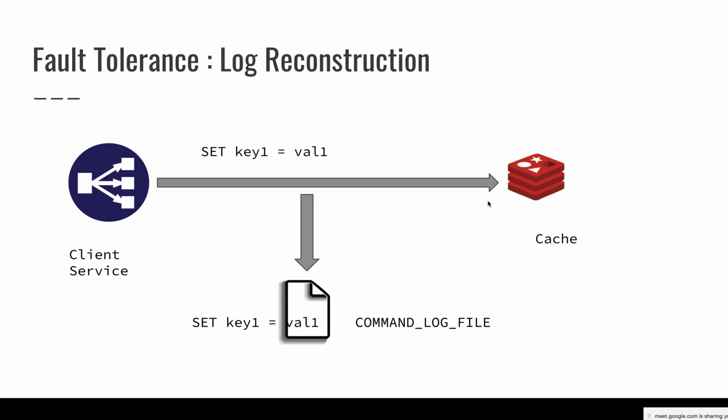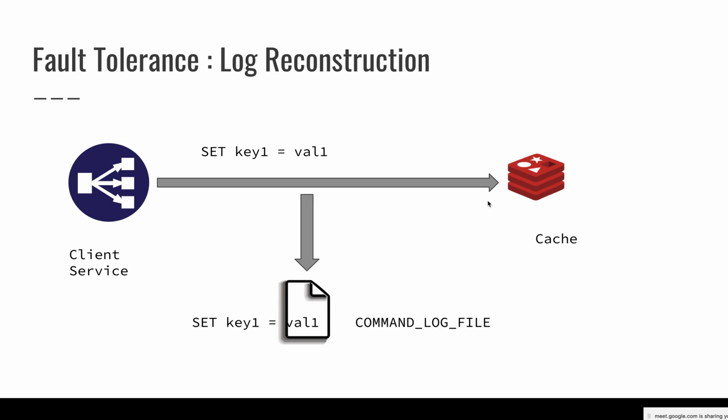Now, for each of the commands that cache receives, there is another service, or we can say there is a file being maintained in which each of these commands will be stored or persisted.